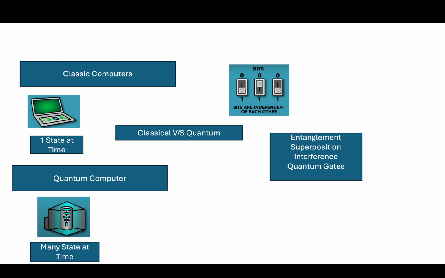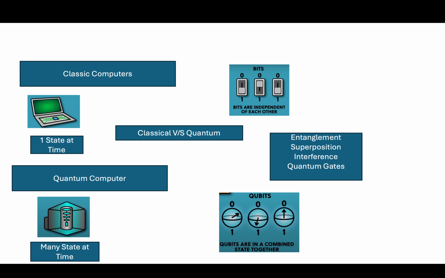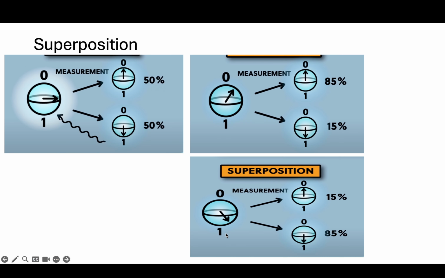Bits are independent of each other, either 0 or 1. In the case of quantum bits, they are combined. Then, as part of superposition, if we flip a coin, it will be either heads or tails, right?